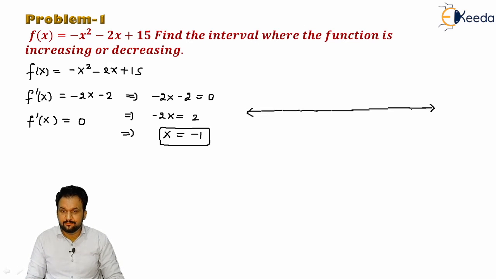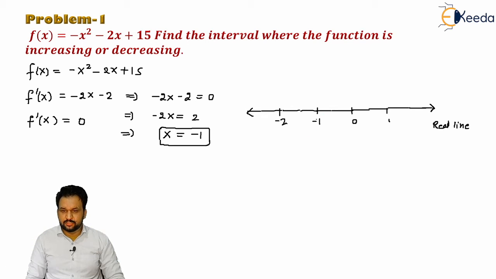This is your real line. Always we have to do this in the case of increasing and decreasing function. And here minus 1 is the point, and I'm just considering my minus 1 point will lie here. Like minus 1 is there, so you can see 0 will be there and 1 will be there, and similarly minus 2 will be there. But our point is minus 1.